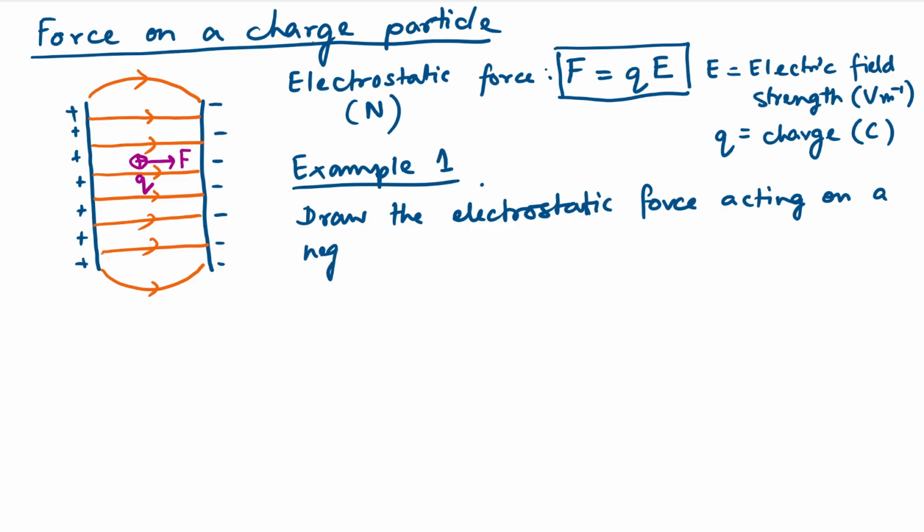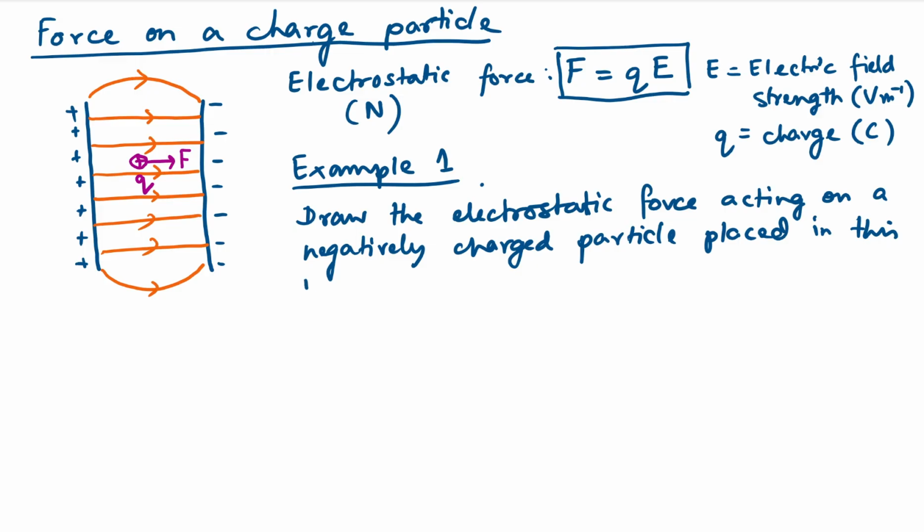So I'm going to take a negatively charged particle placed in this electric field over here, and we have to draw a labeled arrow. So we'll place the negatively charged particle in this electric field.